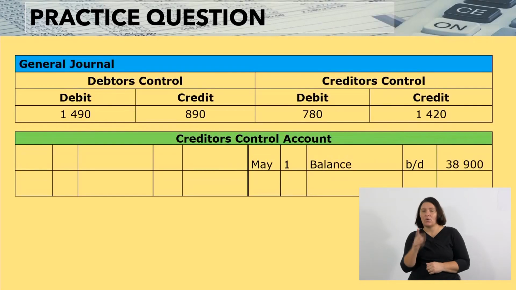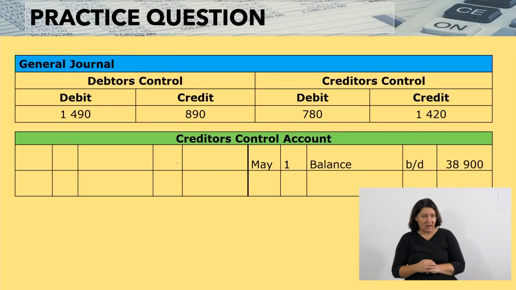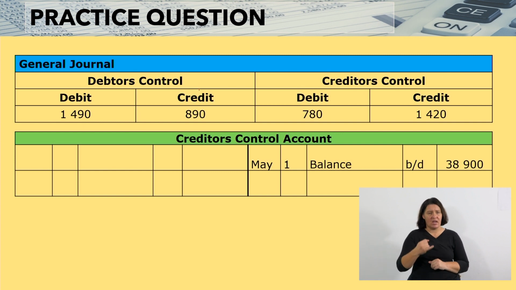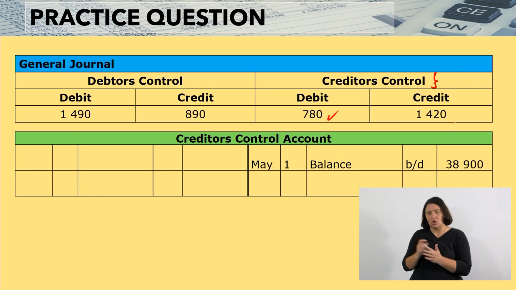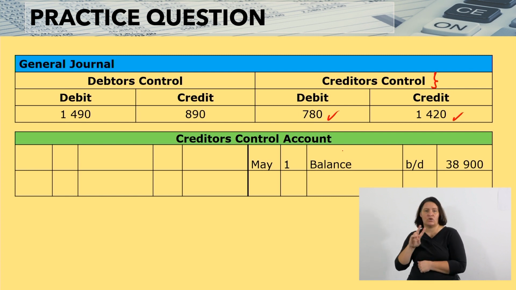Let us now look at the next journal, which is what we call the general journal. In the general journal, we have debtors control, but we are not focusing on the debtors. We are focusing on the creditors. Very correct. And then you have a debit amount, 780, and you also have a credit amount of 1,420.